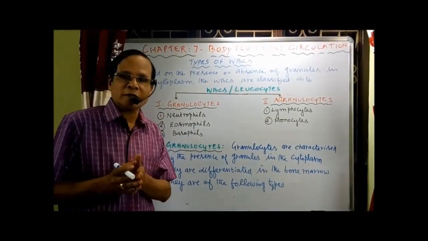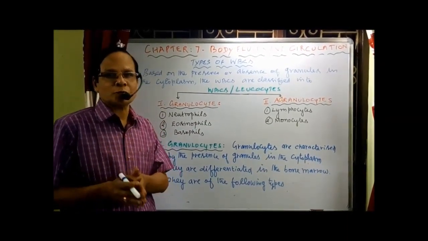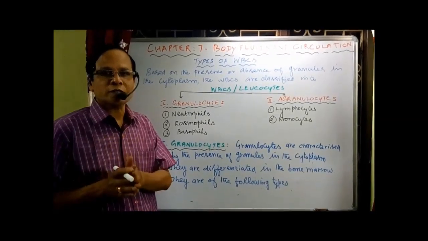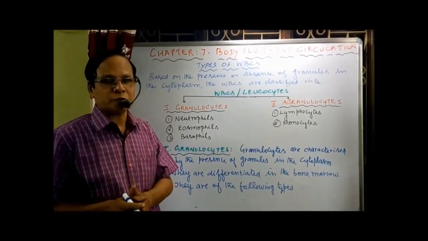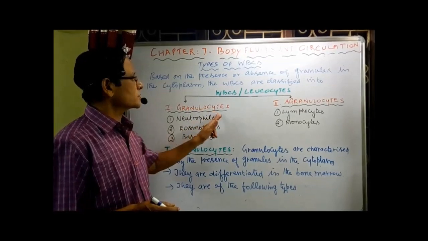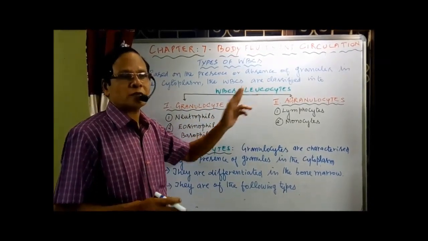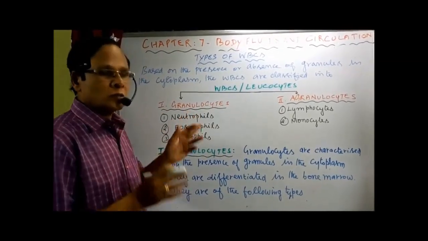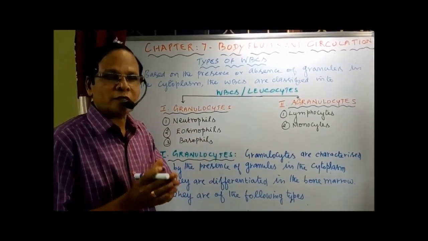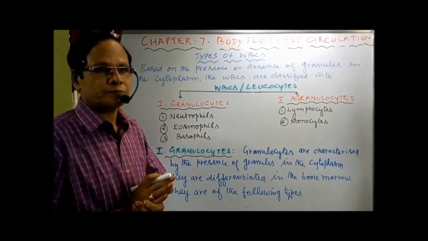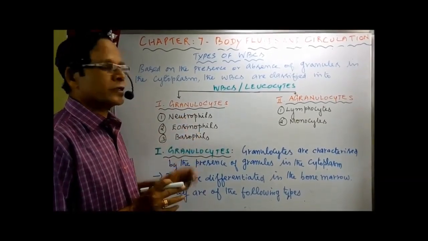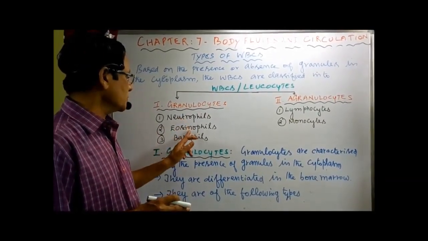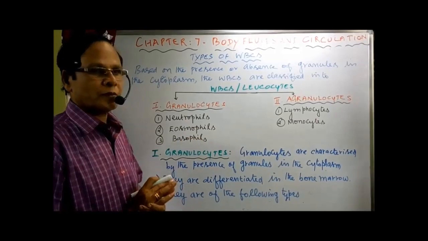Granulocytes are those WBCs with granules in the cytoplasm. There are the following types: neutrophils, eosinophils, and basophils.